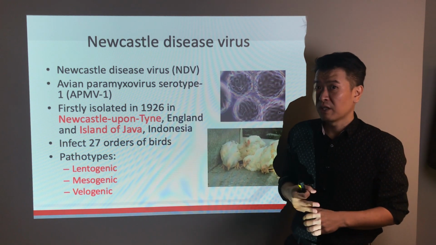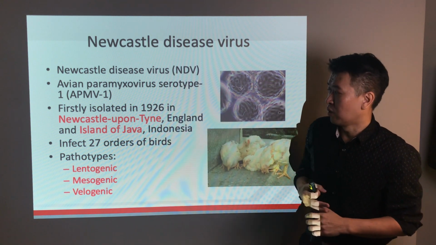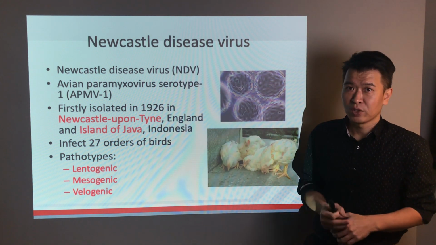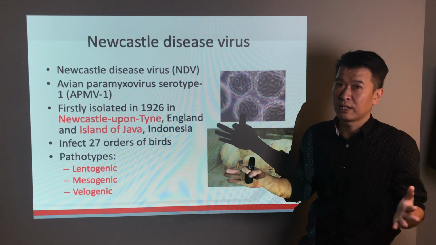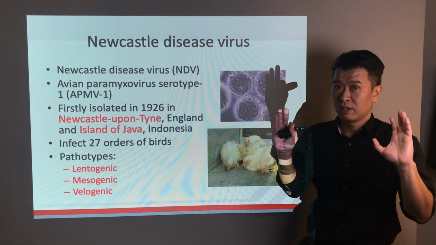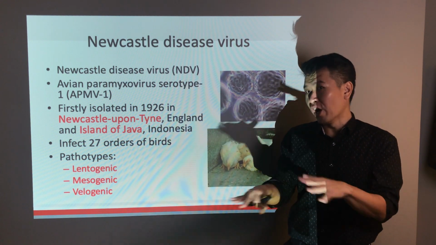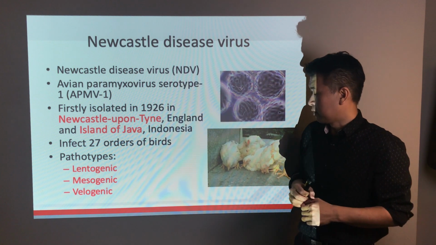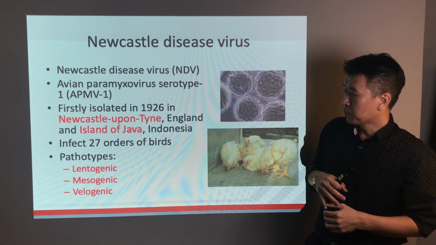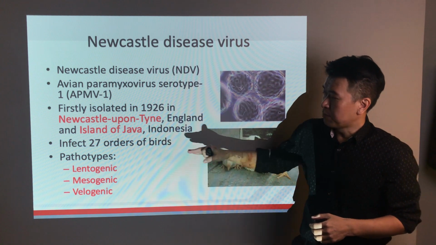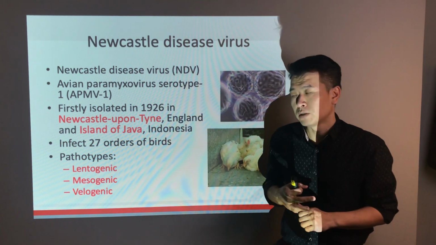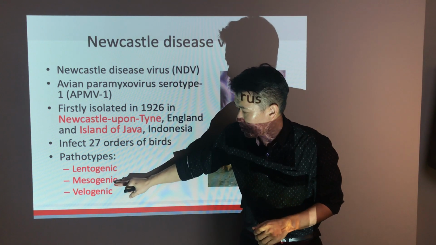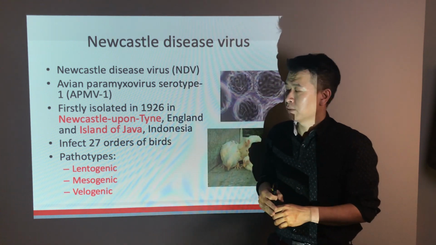So it can infect more than 50% of the bird orders, including chicken. Just imagine if there's an outbreak in a poultry farm in Malaysia, you will not have any chicken to eat.